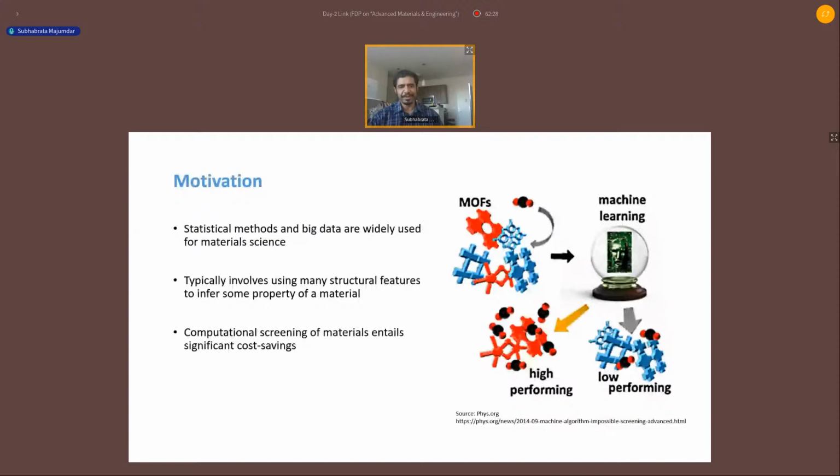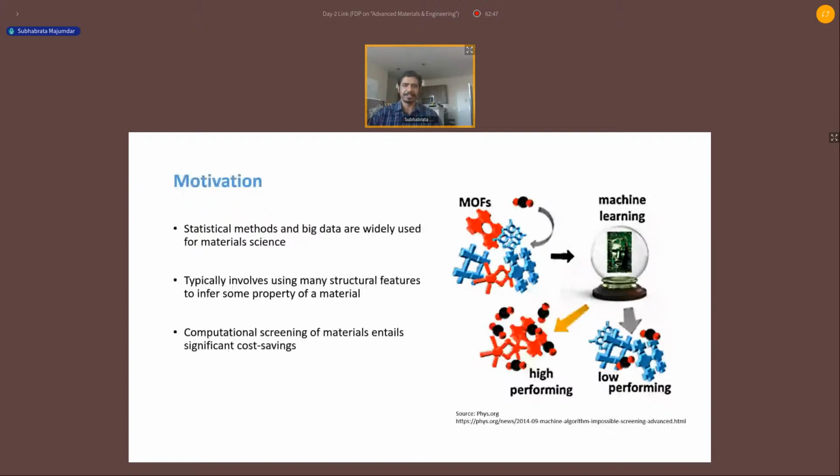Computation becomes easy, people have access to more data and data generation procedures. This happens in a lot of different types of materials, but the general theme is the same: you want to infer some properties of these materials from their inherent structures.